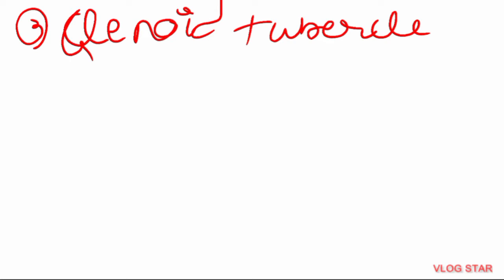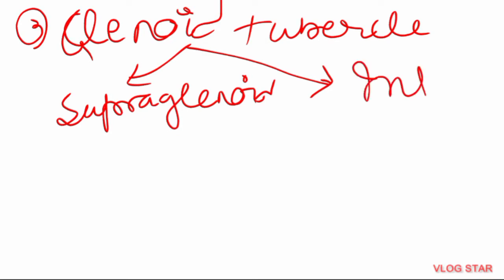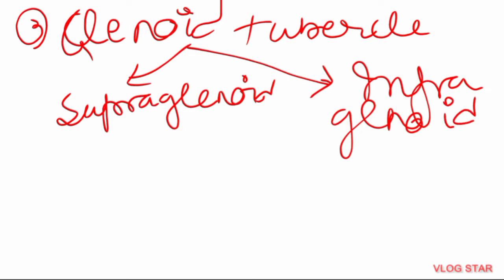So here are the two parts, supraglenoid and infraglenoid, and supraglenoid gives origin to the long head of biceps. Let me change the color.